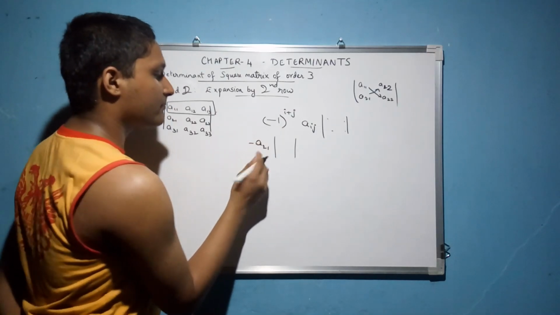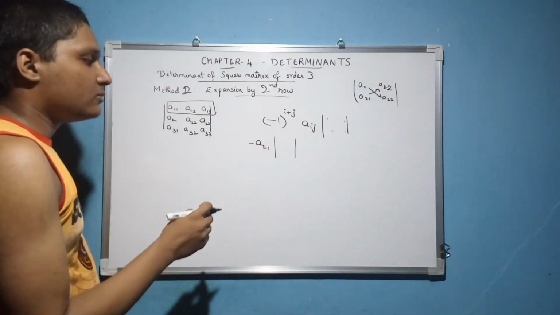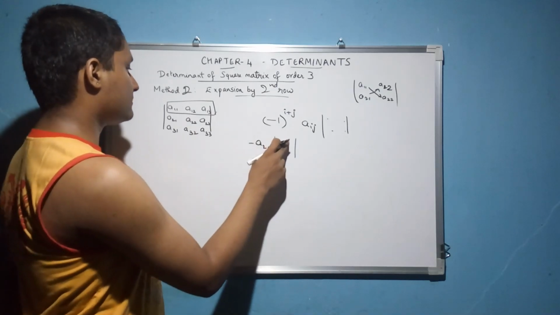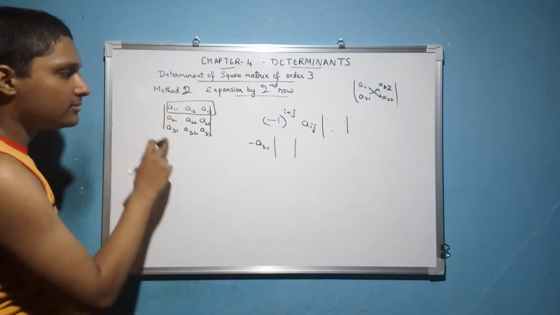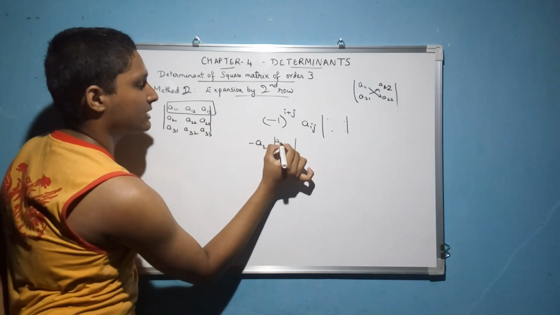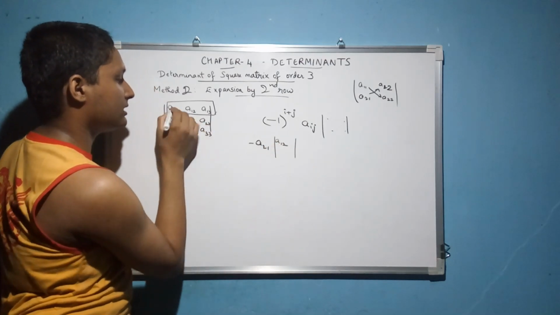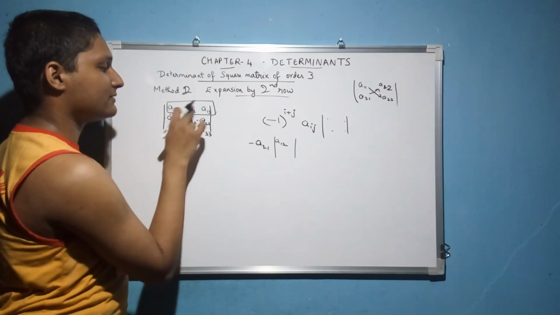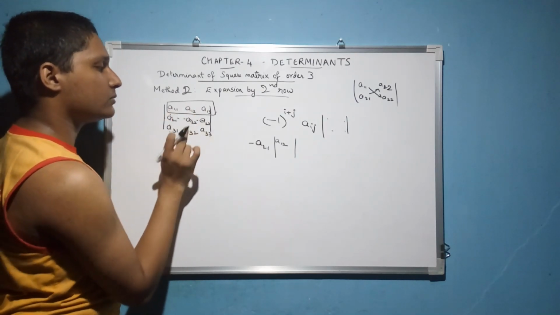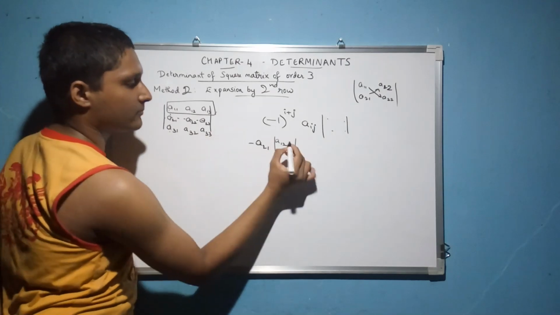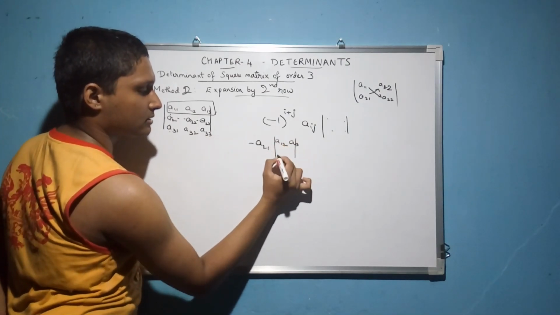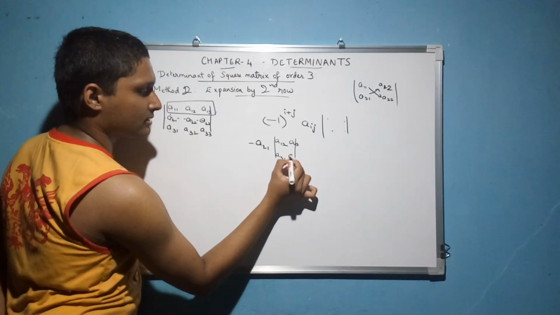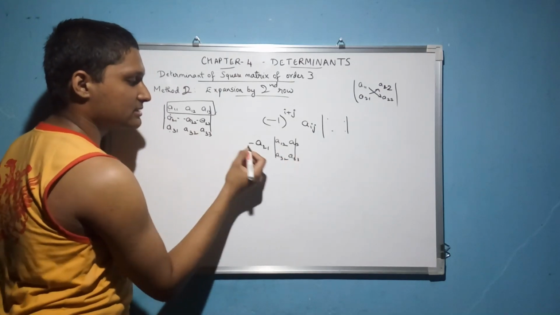So it is going to be minus A21, and the second part which you are going to get is, remove the column, remove the row. You remove this column and remove this row, so you have this much: A12, A13, A32, A33. This is the first one.